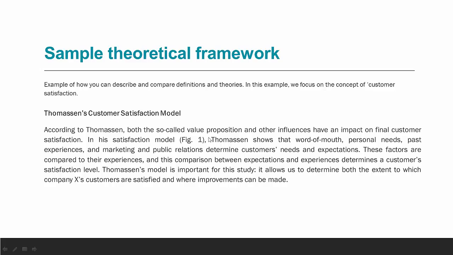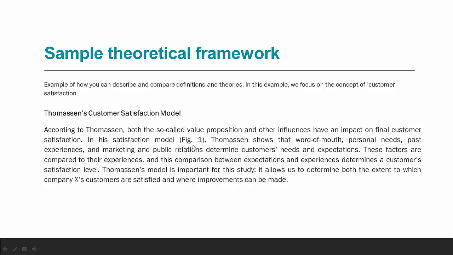Okay, in the theoretical framework, we have to explain why Thomason came up with this model. According to Thomason, both the so-called value proposition and other influences have an impact on final customer satisfaction.